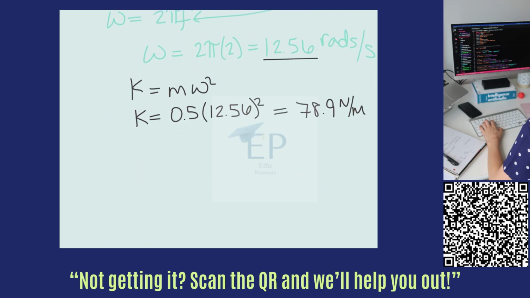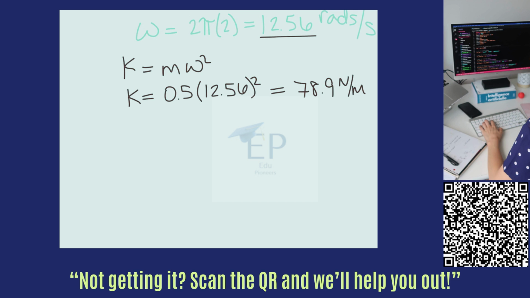Okay, our next task is to find the maximum speed, and we're going to use the equation velocity equals omega times the amplitude times sine of omega t plus phi.